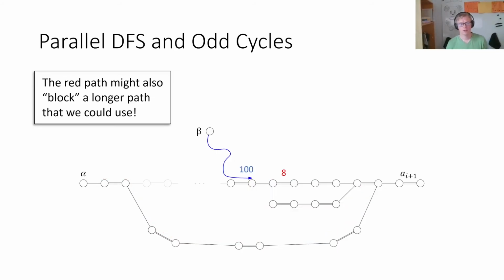And it can actually get even worse, in the sense that there might be a DFS search from some other node, let's say beta, that could continue to this edge A i plus 1. However, the search from beta is much longer, let's say it takes 100 steps to get to this edge that I displayed here.